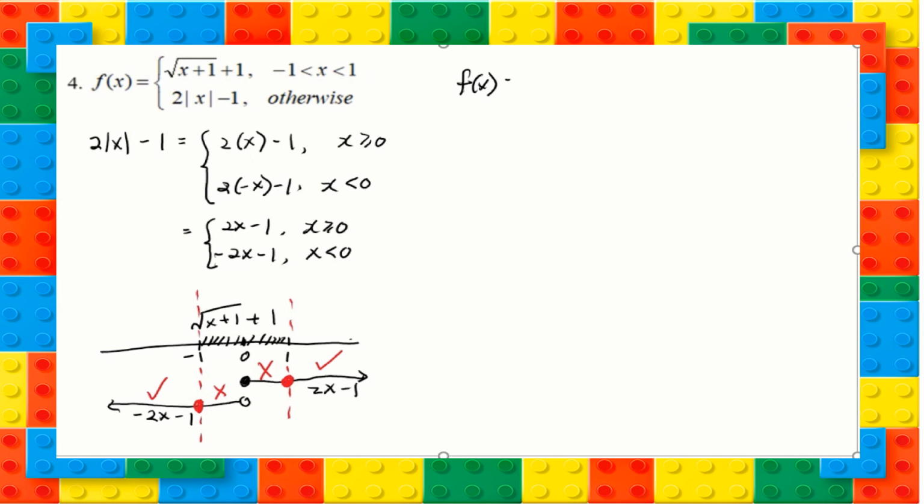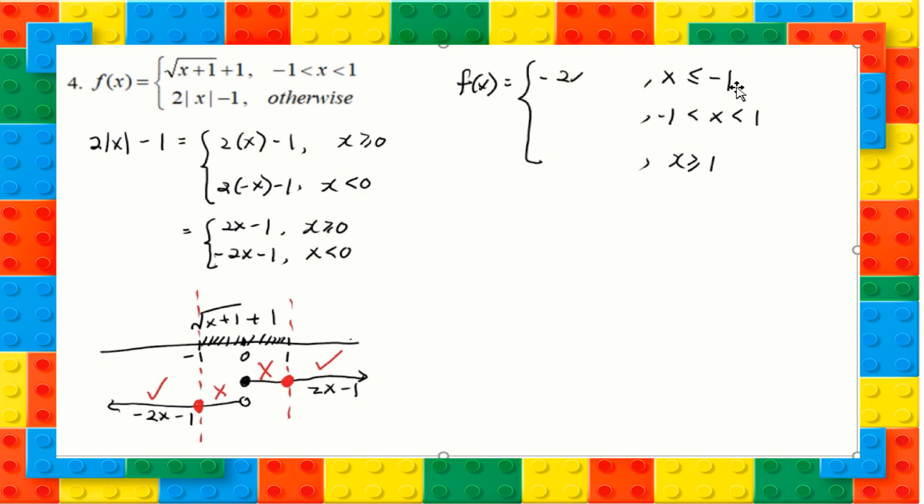When writing the piecewise function, normally we start from the smallest value. So based on this diagram, we start from x less than or equal to -1. Then we go to -1 up to 1. Then finally we go to x greater than 1.